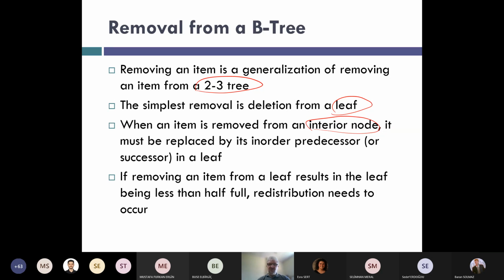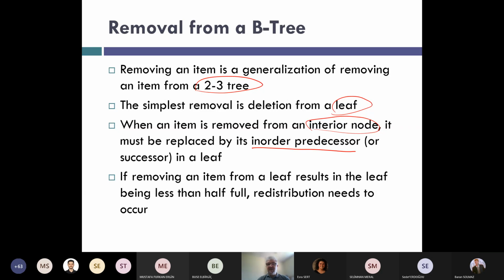If we have to remove from an interior node, we have to replace that value with its in-order predecessor or successor. The in-order predecessor or successor should be in a leaf. So we take out that successor or predecessor and put it in place of the value in the interior node.